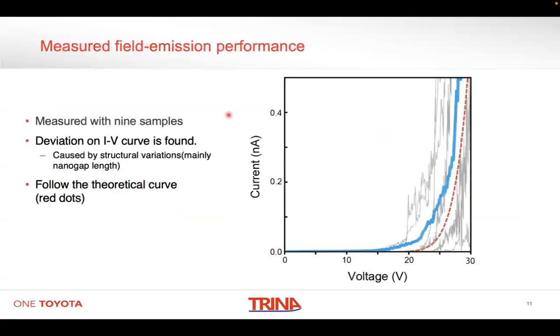This is the result of the measured field emission performance. We measured this performance with 9 samples. Unfortunately, we can find a deviation on the average curve, this one. This deviation should be caused by structural variations, mainly nanogap length.